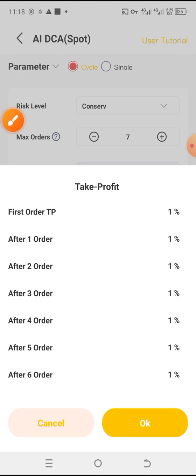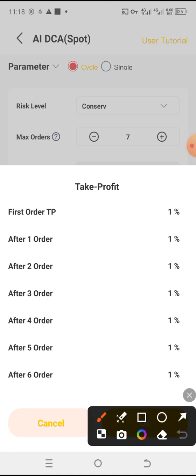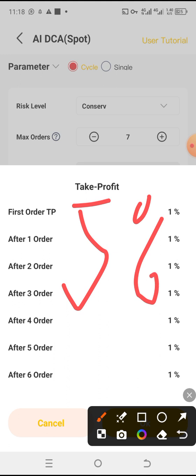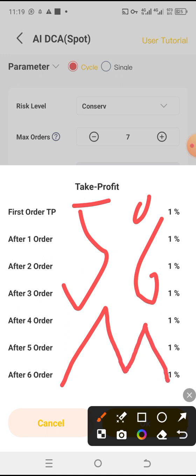So this is automated. It has been set for 1%. Sometimes some people feel like, oh, 1% is too small. Well, in crypto, nothing is too small, because if you set 5%, before it gets to 5%, it might have gotten to 3%, go back to 1%, go back to 2%, come back to 1%, go back to 4%, come back to 3%, go back to 5% or 4.9%, and so on.